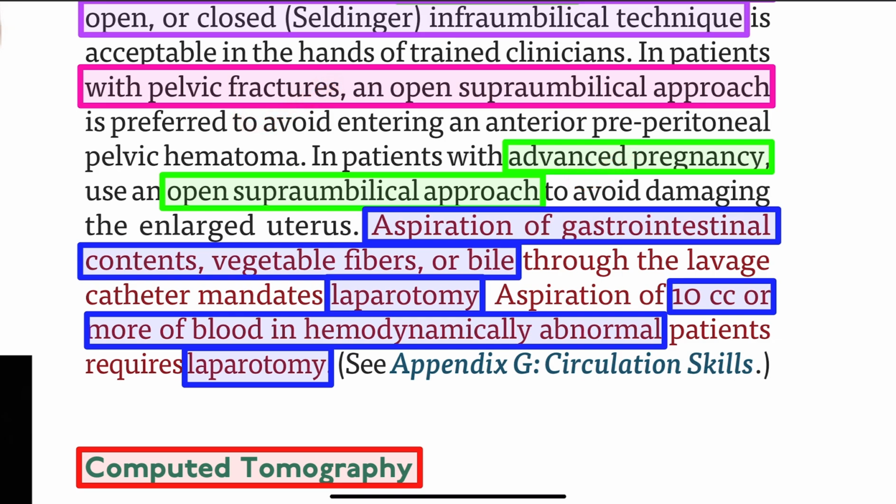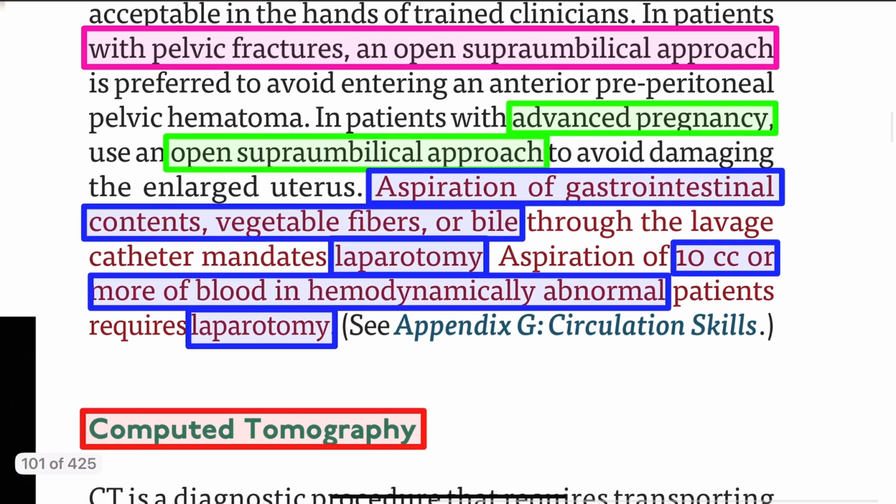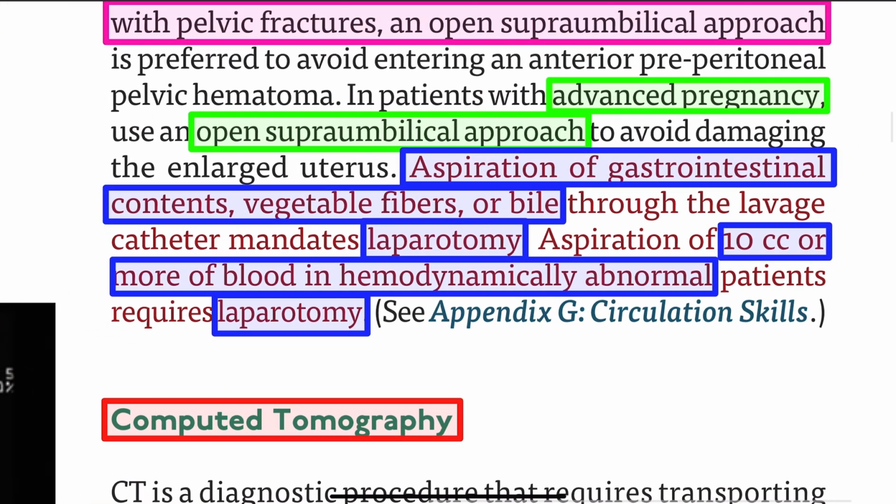If you are doing DPL and you aspirate gastrointestinal content, vegetable matter and bile, or more than 10 cc of blood in a hemodynamically abnormal patient, you go directly for laparotomy. 10 cc is important.